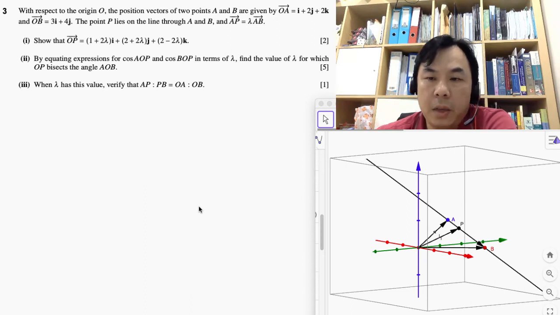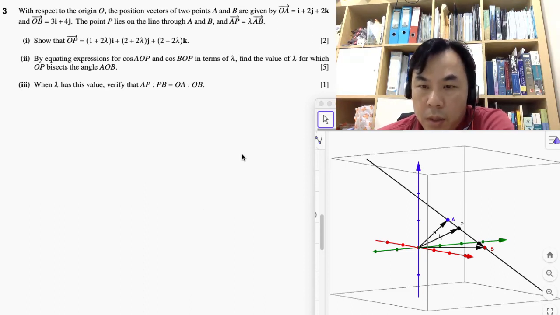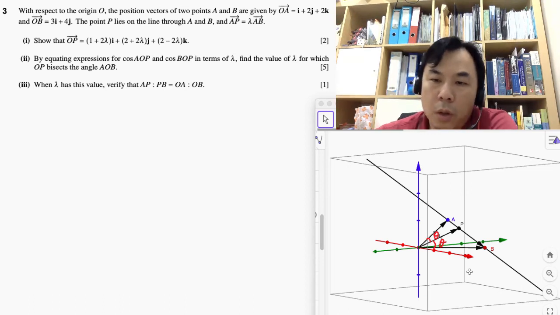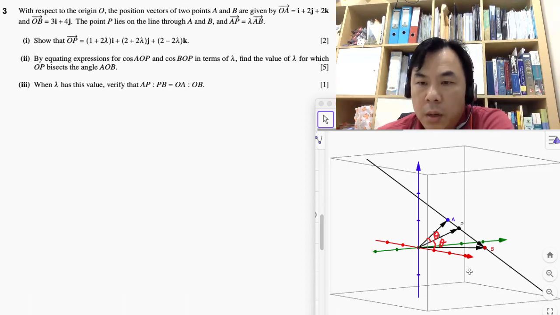So bisecting angle AOB means that this angle should be the same as this angle here. If the line OP bisects the angle made by AOB in this case. Right? So therefore, the cosine of AOP must be the same as the cosine of BOP in this case.